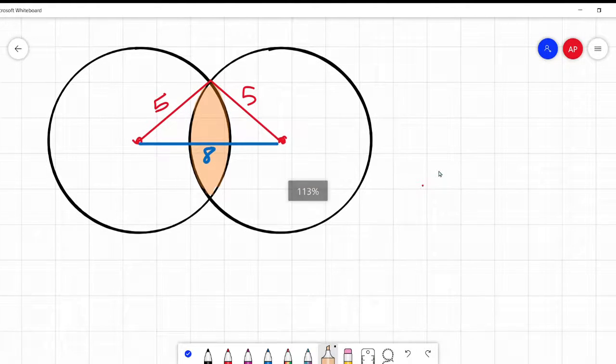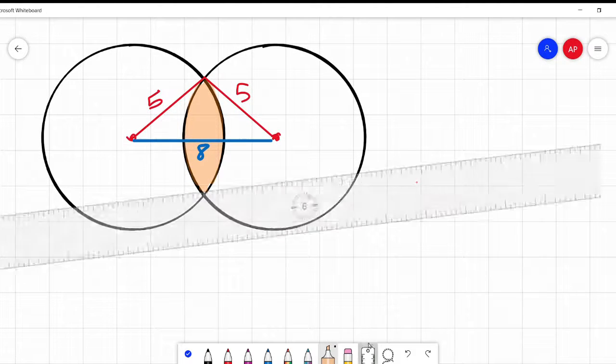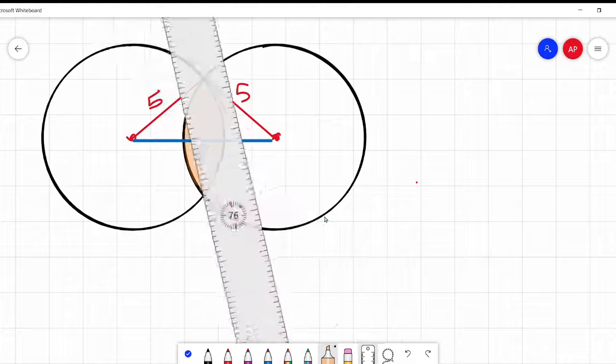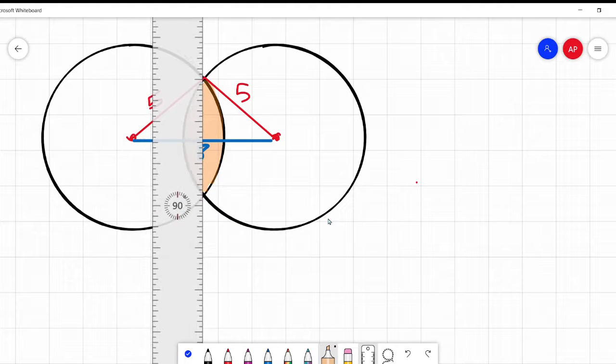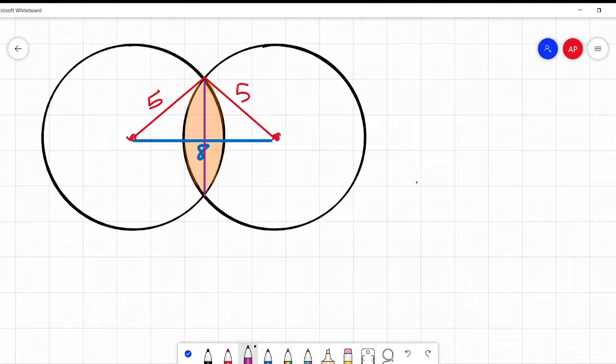Right, so first things first, I'm going to draw a vertical line that goes right down the middle. It's not perfect, but pretty close. Divide this in half. So now I have two shapes, left side and right side.